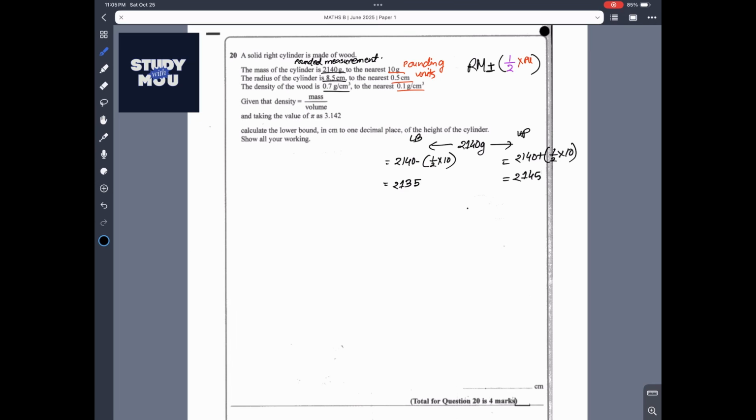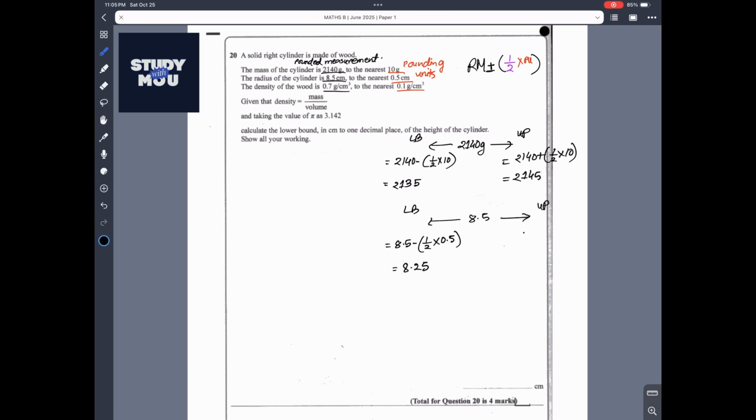And then we have the radius 8.5, the upper bound and lower bound, which is 8.5 minus 1 by 2 multiply 0.5, which is 8.25.